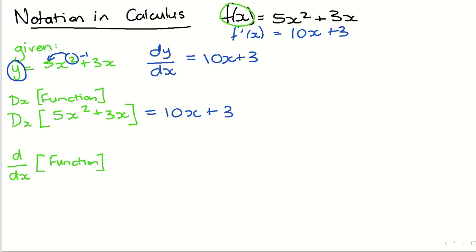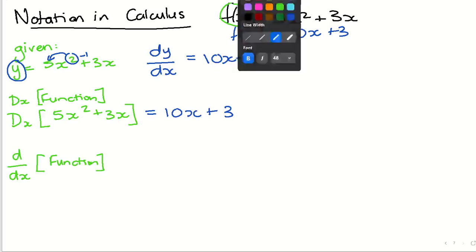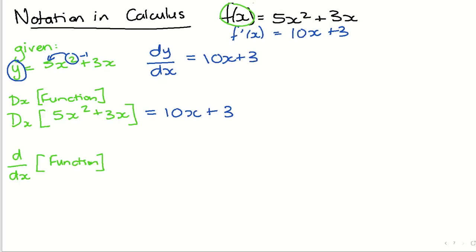We're going to do a couple of examples, you'll see. Here they're asking me to find the derivative of the function with respect to x. But I haven't been given the function in this form, so this is what it would look like: d over dx, and I put the function in this bracket, which is 5x squared plus 3x.